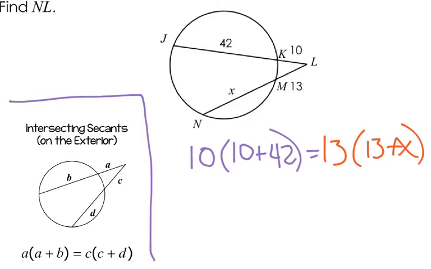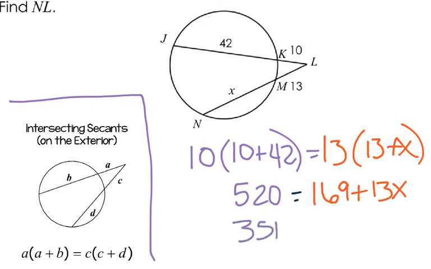I'm going to go ahead and distribute things together. Alright, so just simple math, and then I'm going to get rid of the 169 by subtracting it from both sides. So I got 351 equals 13x, and then I'm going to get rid of the 13 by dividing both sides by 13. So I got x equals 27. So not too bad, I don't think.